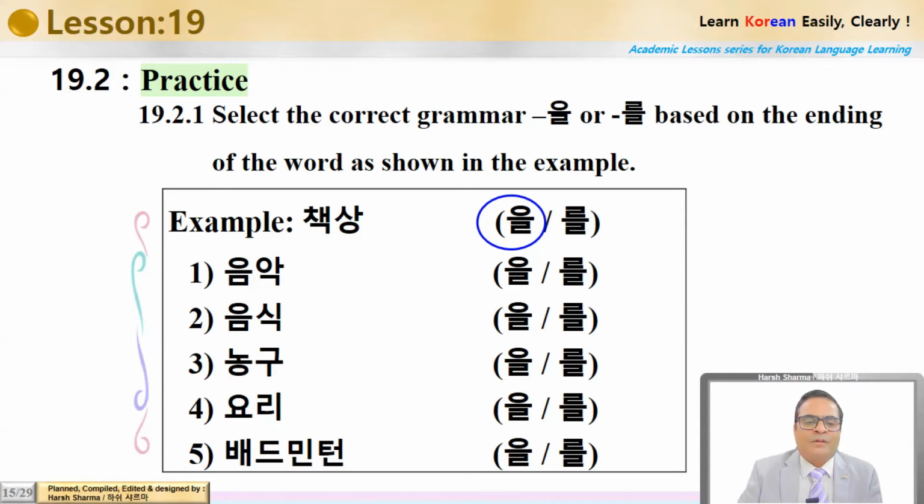Ul. So from number 1 to number 5, please write answers in your notebook. Pause this screen. You have to just check the pachim. Number 1 is umak. I will select ul or rul. Very simple. Like this.